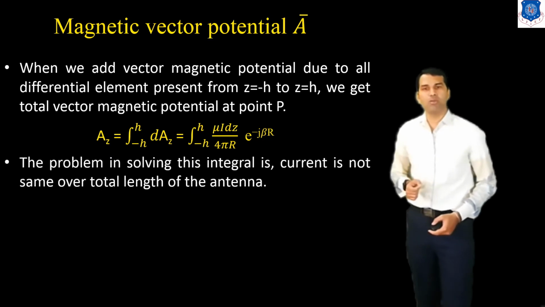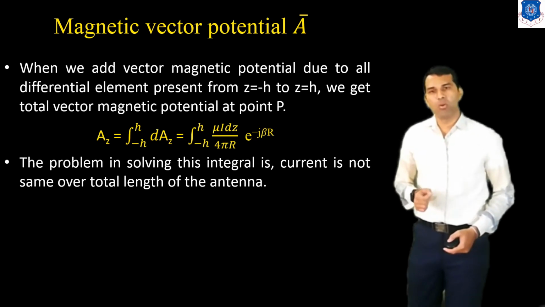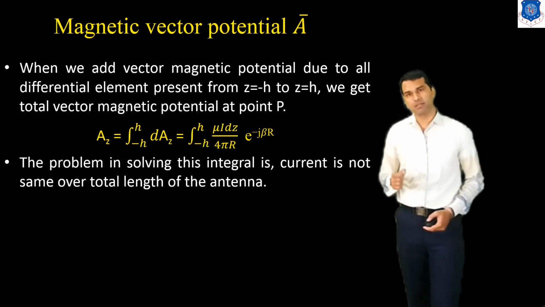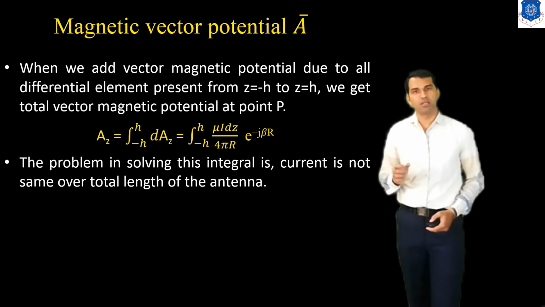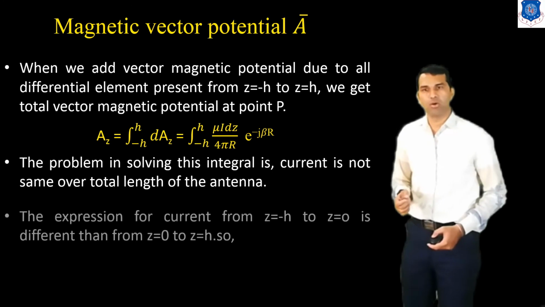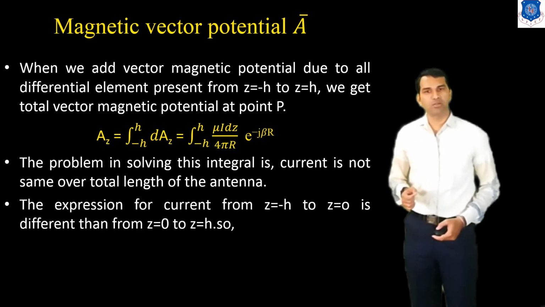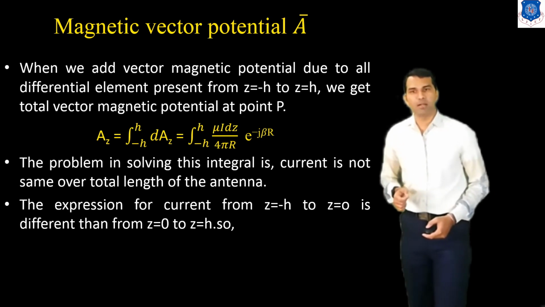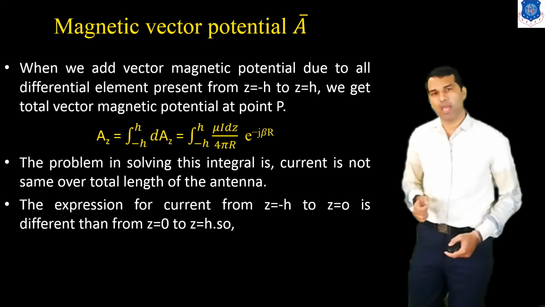The problem in solving this integral is that the current is not the same over the total length of the antenna. We know there is negative polarity and positive polarity, so the current changes. The expression for current from z equals minus h to z equals 0 is different from that from z equals 0 to z equals h.